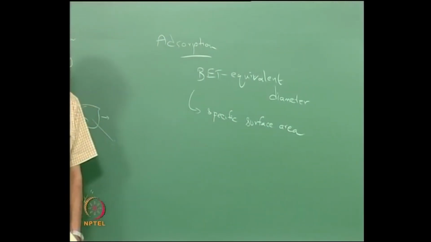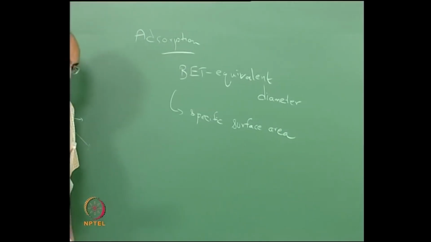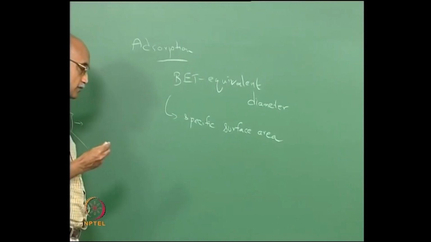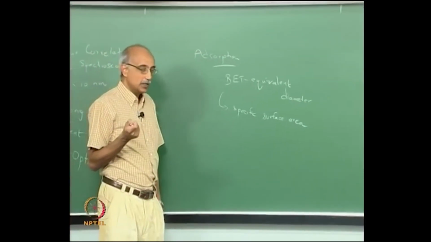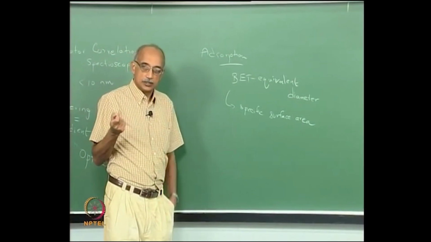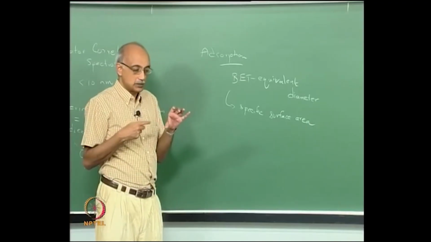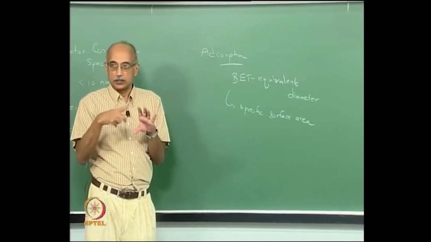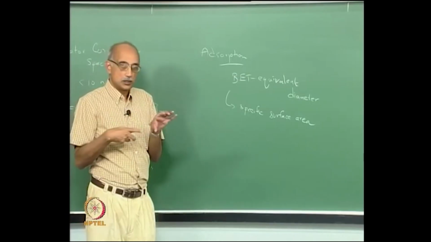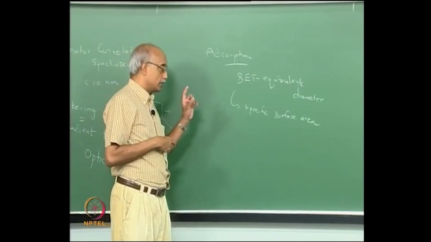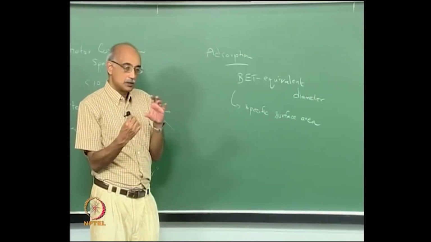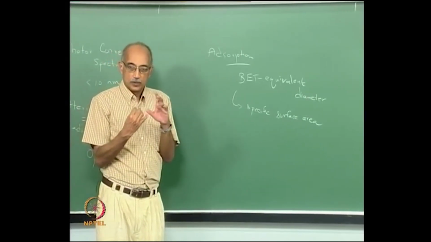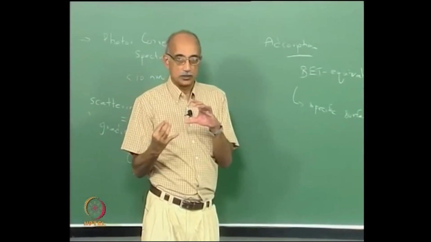And in the case where we are trying to estimate the size of the primary particle, this technique would really not work very well, because the adsorption always occurs along the outer envelope of the agglomerate. But when you use the BET technique, there is the possibility of subsurface adsorption as well.